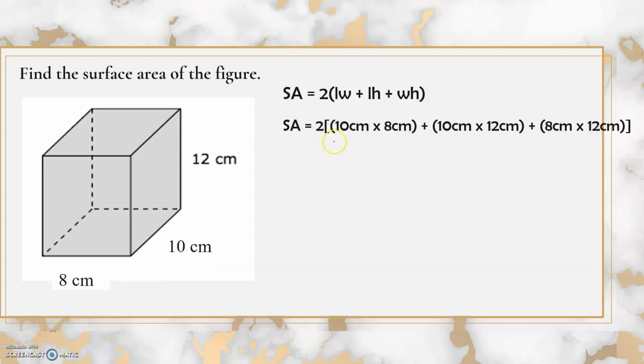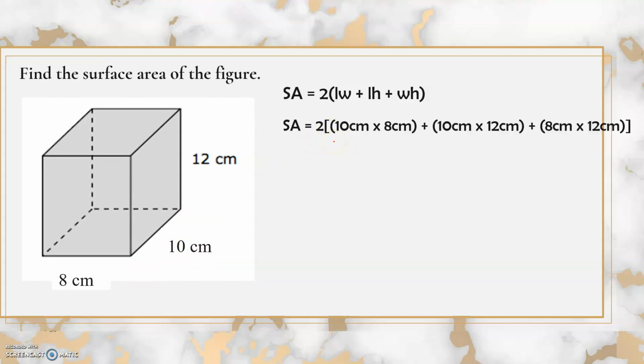Next, we have here another rectangular prism. So we will use again the formula 2 times the sum of length times width, length times height, and width times height. We have here the length is 10 centimeters, the width is 8 centimeters, and the height is 12 centimeters. We'll just have to substitute this given information in our formula, so our equation will be this one.